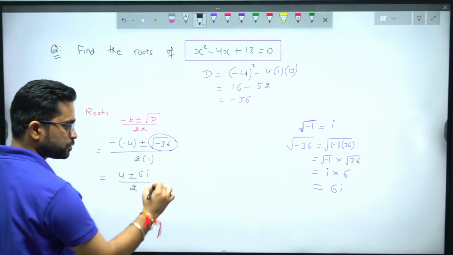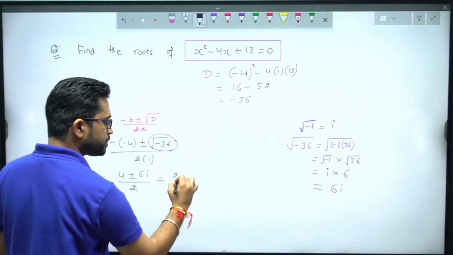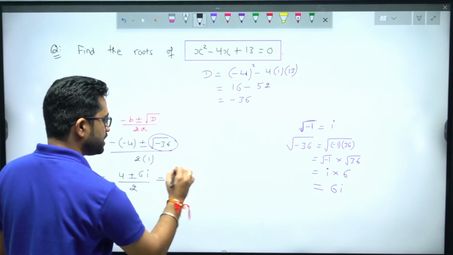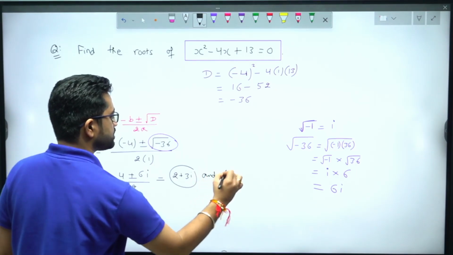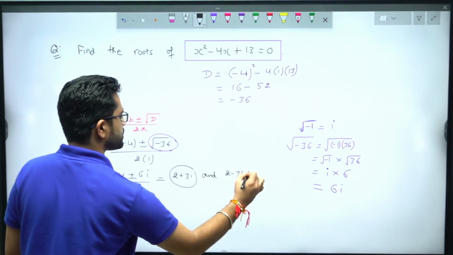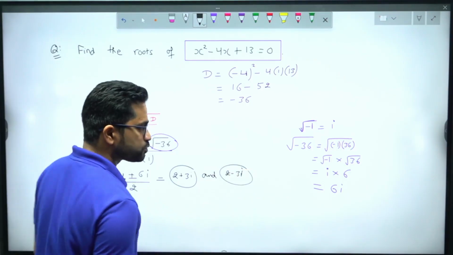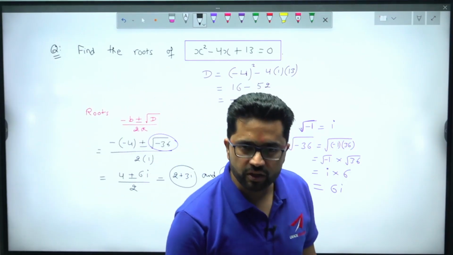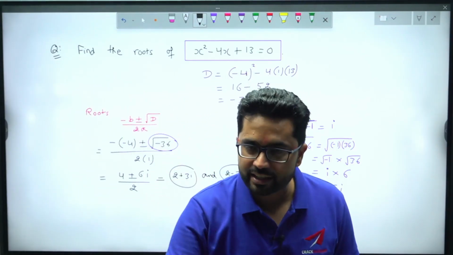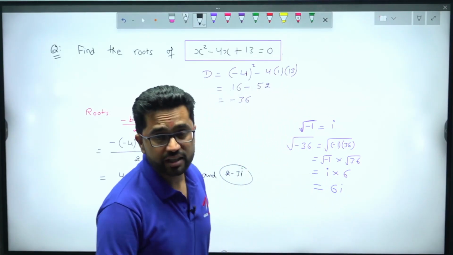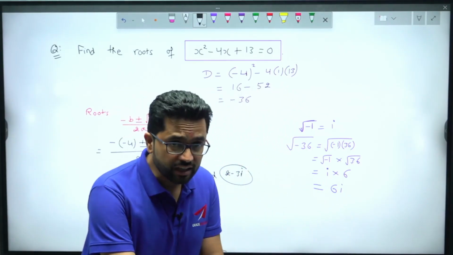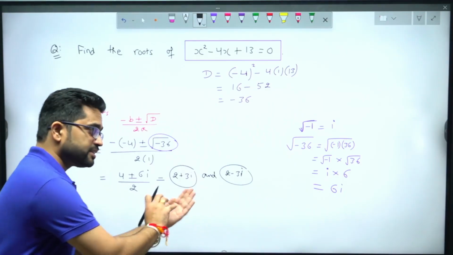Just divide by 2. So your roots come out to be 2 plus 3 iota and 2 minus 3 iota. Don't get confused with this term iota. Just observe: if roots are non-real and coefficients are real, then roots exist in this combo.